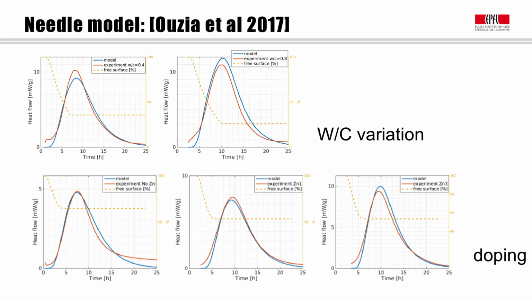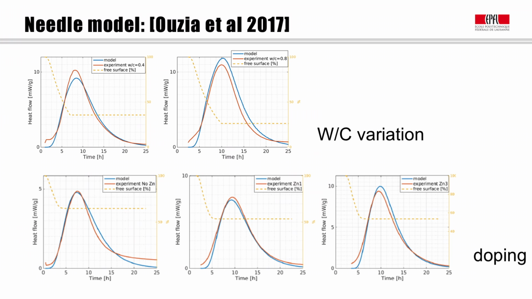And when we do that, you can see now in these different simulations, this really works beautifully throughout the whole range of different variations we've already seen. It can really well capture this water-cement ratio variation, and it can really well capture the effect of the zinc doping. So hopefully this is now the hypothesis which can be validated.